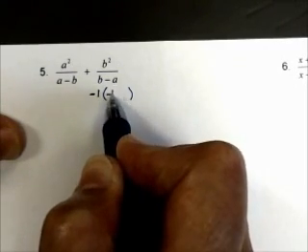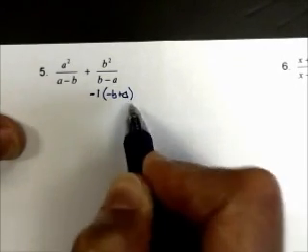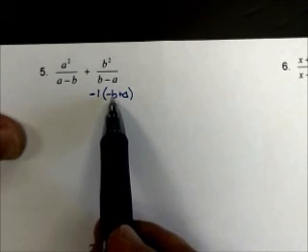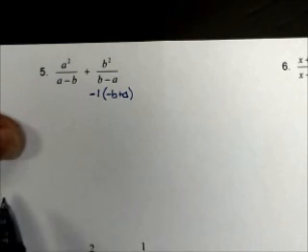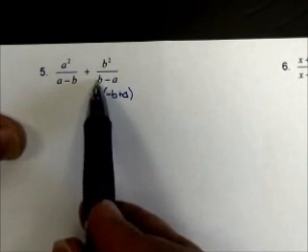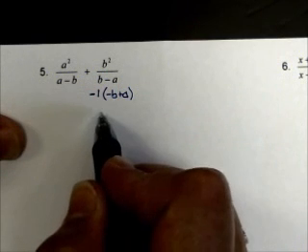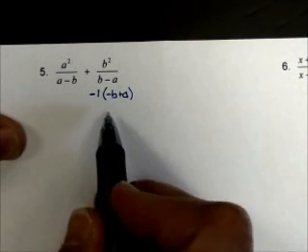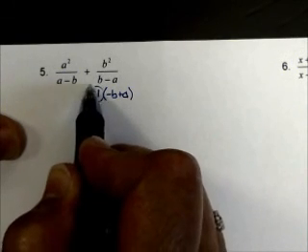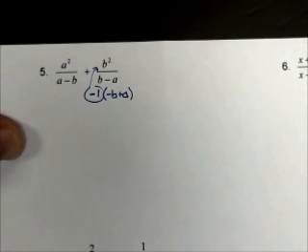I would have negative b plus a, which is the same as a minus b. So in other words, this denominator here can be written as a minus b with a negative 1 out in front. But let's just bring that negative 1 up to the numerator.